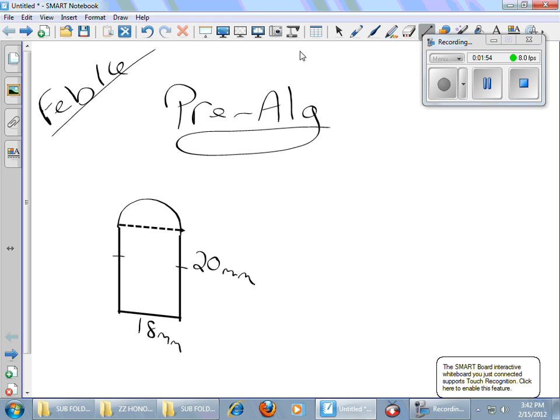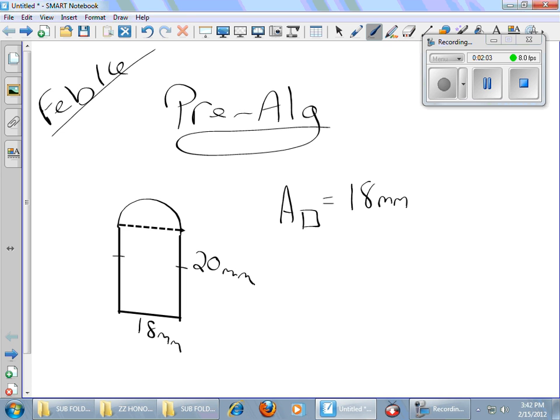So the first thing I would do is figure out the area of the rectangle, which is really easy. I would just do 18 millimeters times 20 millimeters, and that would give me 360 millimeters squared.